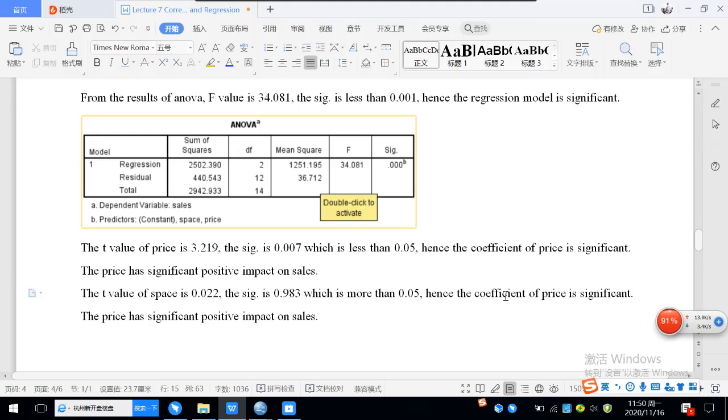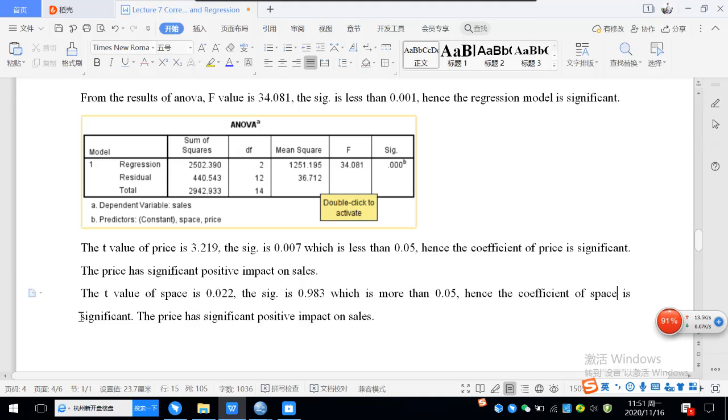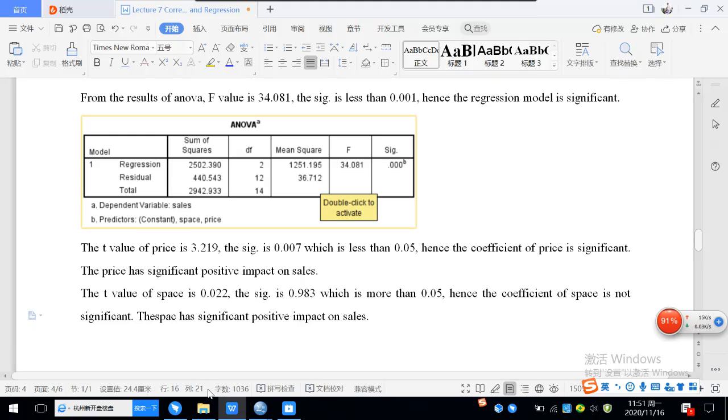Hence, the coefficient of space is not significant. If it's not significant, it means the coefficient of space is equal to 0. Okay, the conclusion is the space has no significant impact on sales.